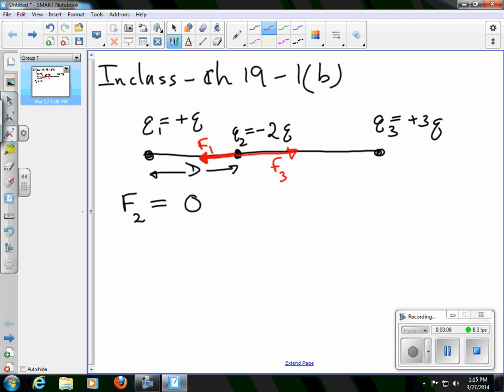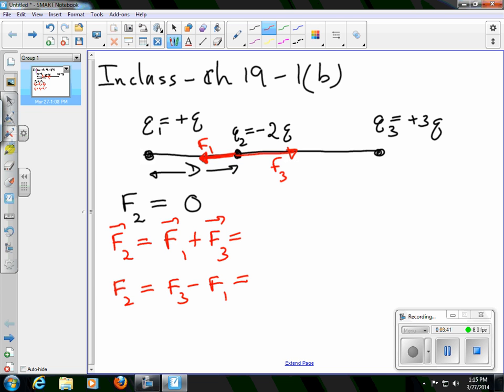Now F2 force is equal to F1 force plus F3 force. They are vectors, so now think about the directions. F1 is negative direction, right? F3 is positive direction, right? So F2 can be written as F3 minus F1.